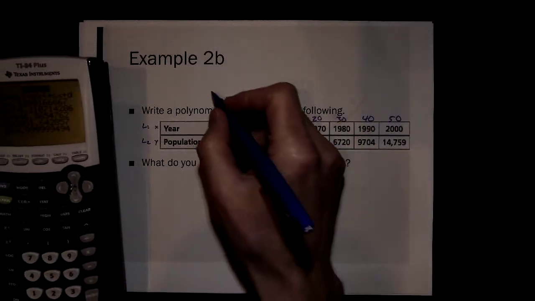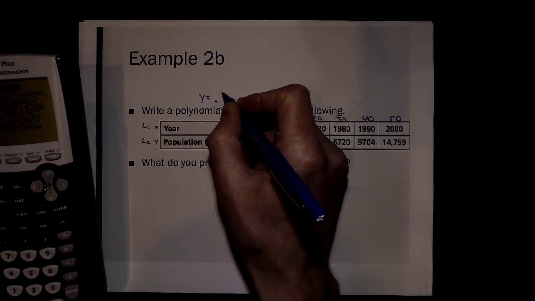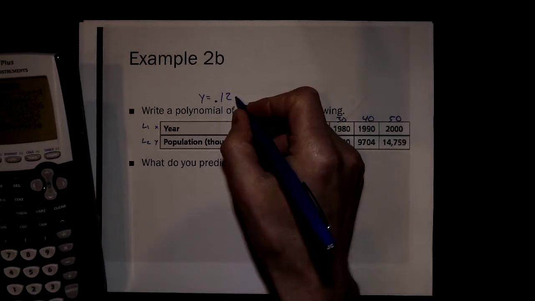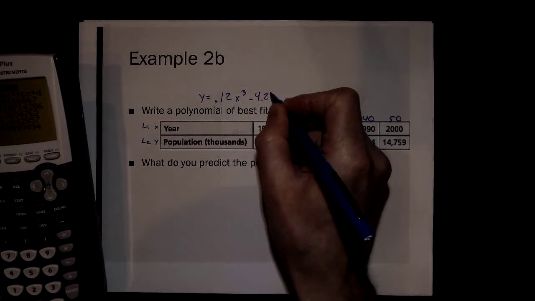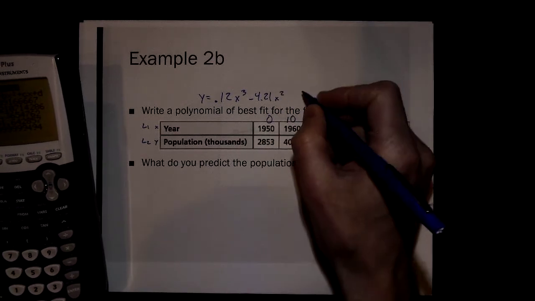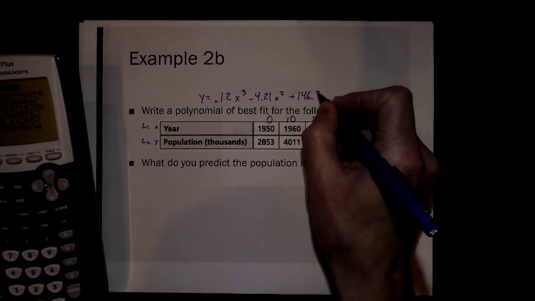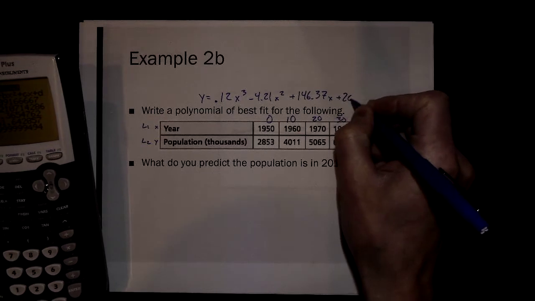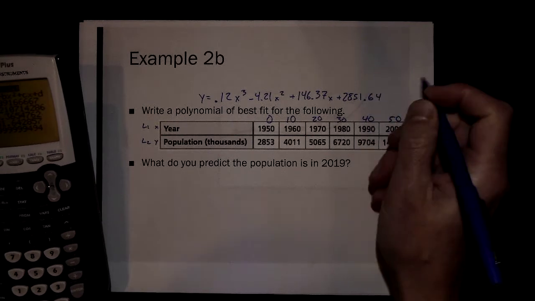So the actual model, y equals 0.12. We'll go to 2 decimal places on this one because they're bigger numbers. So 0.12x cubed minus 4.21x squared plus 146.37x plus 2851.64.